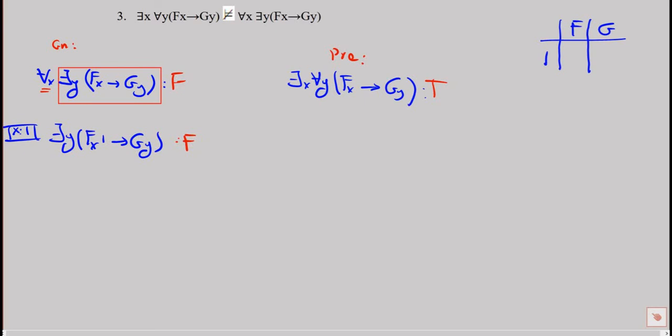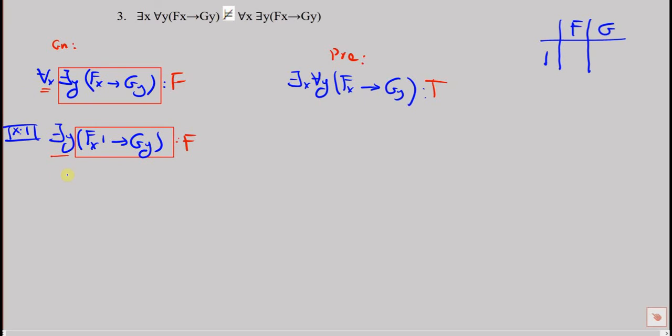Okay, now this sentence itself is an existential. Everything is in the scope of there is some y. So we need to make sure that nothing satisfies the thing in the box. So we need to make sure that it is false for every value of y.